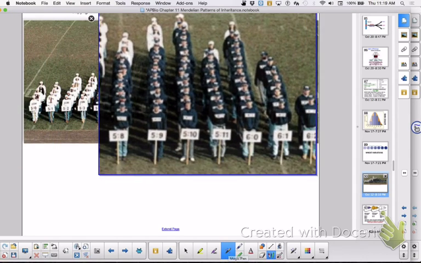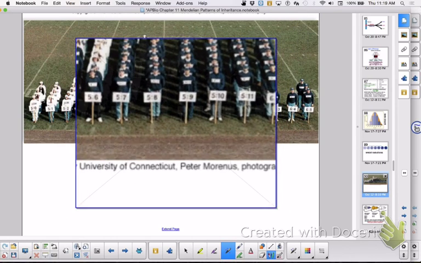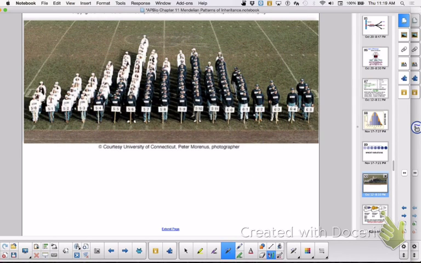And so again, you tend to see that bell-shaped curve because it's not a simple monohybrid cross that determines your height. So on your notes, you have polygenic inheritance when one trait is governed by 2 or more sets of alleles.